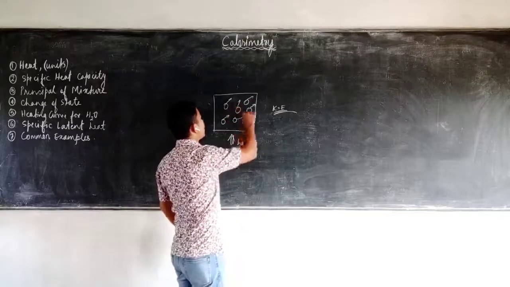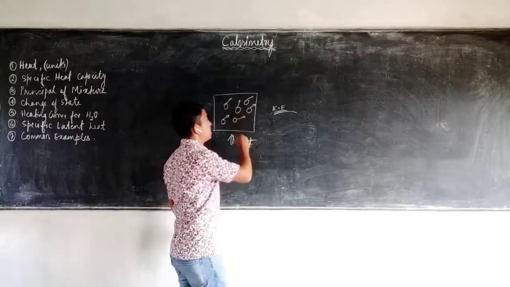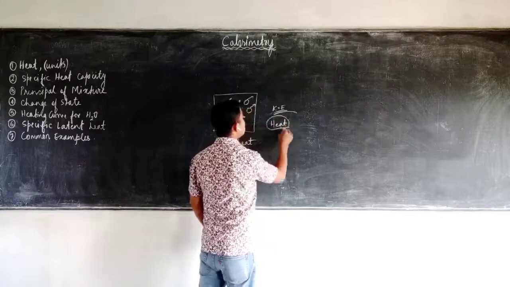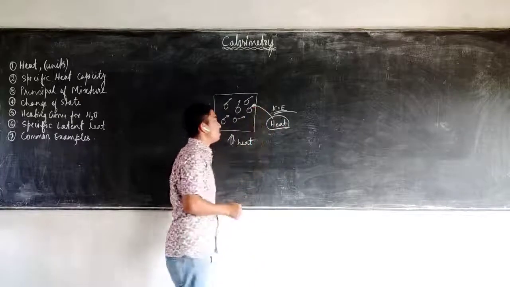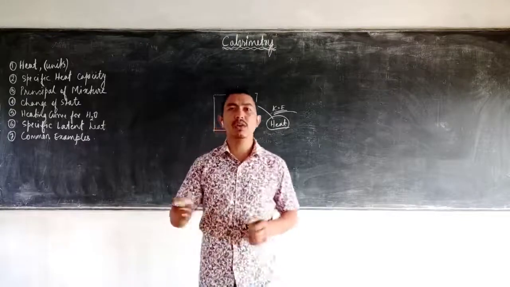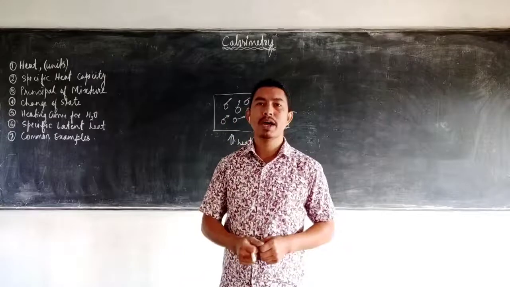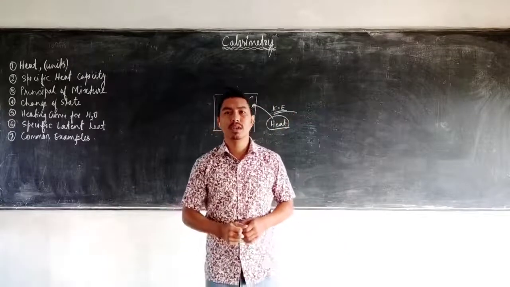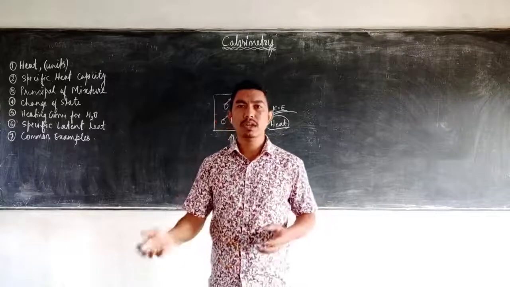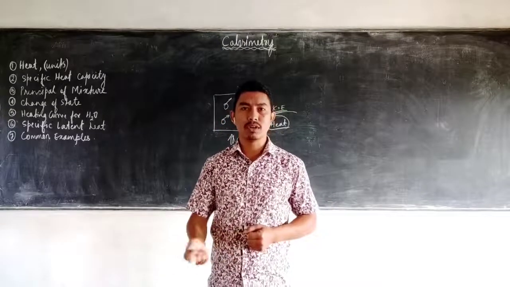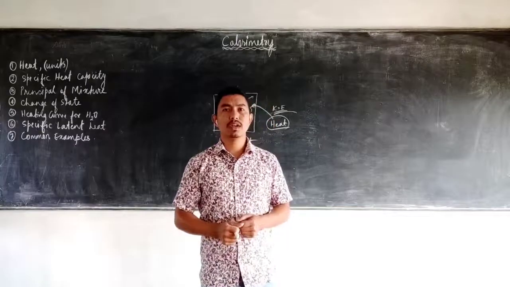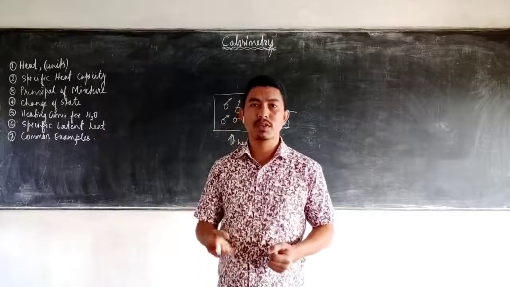If I sum up the kinetic energy of all these molecules, that is the heat. So heat is the measure of the internal energy of a body. The sum of the kinetic energy of all the moving particles of a given matter gives the measure of heat.